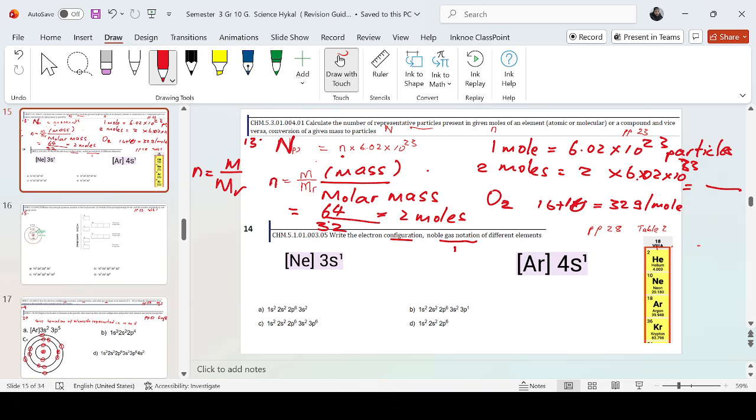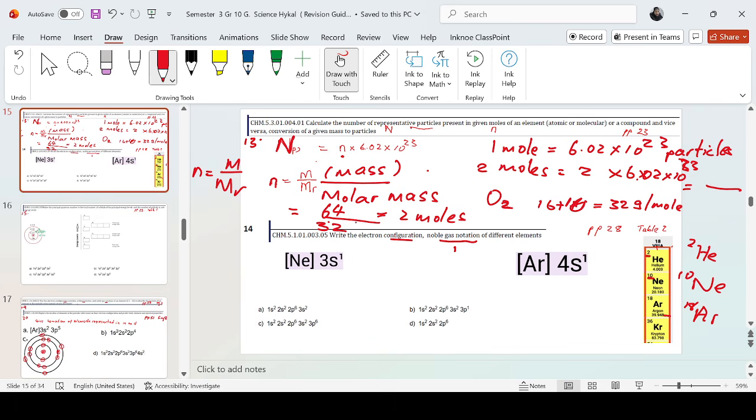Helium has how many electrons? It's 2. Neon has how many electrons? Check the atomic number on top there. It's 10 electrons. Argon has how many electrons? 18. Okay?